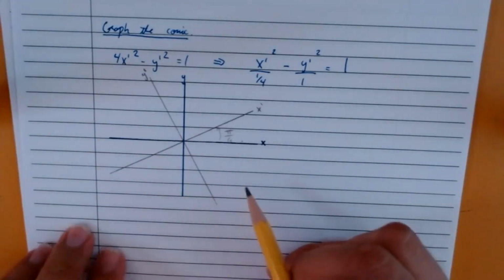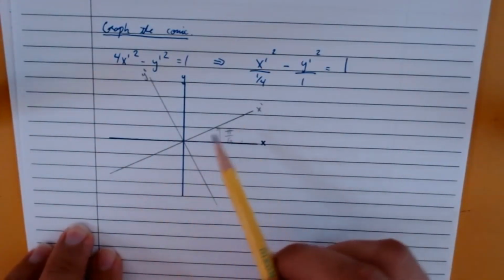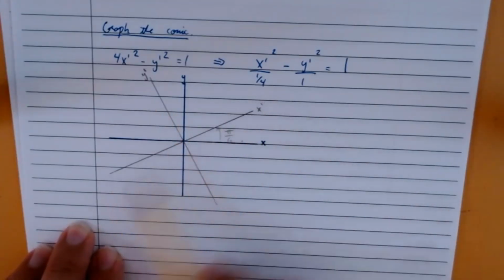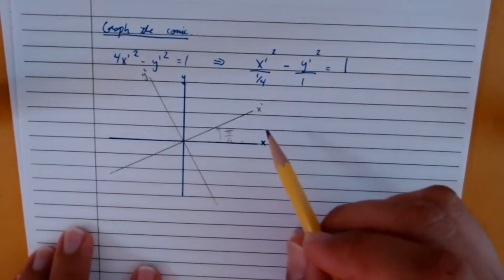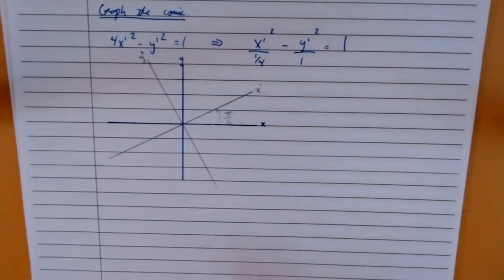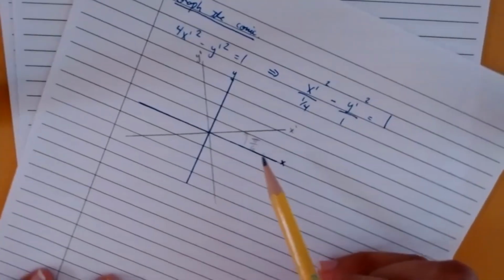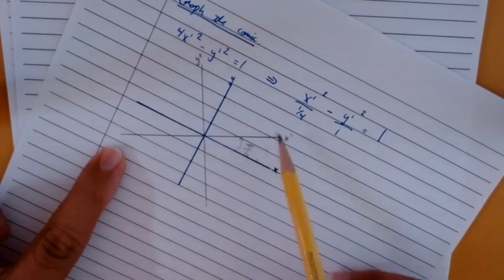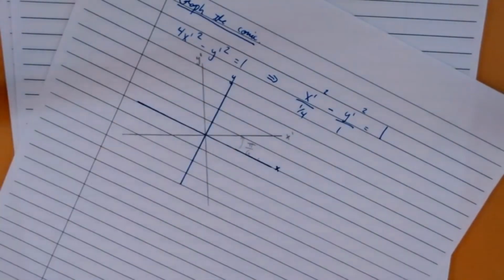I didn't take the time to grab a protractor or anything. I simply drew them approximately, and that is sufficient for this. So for the time being, we're going to ignore the xy coordinate axes. They're still there, but we're going to graph everything with respect to the x prime, y prime axes.